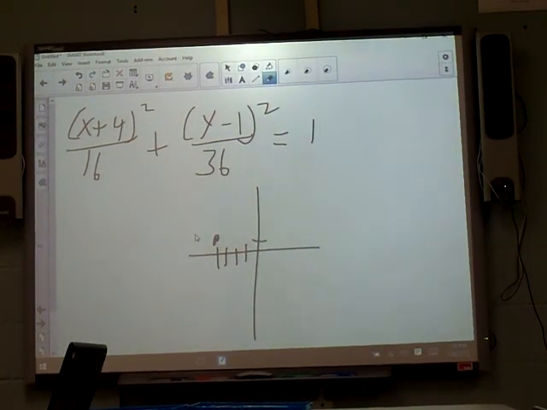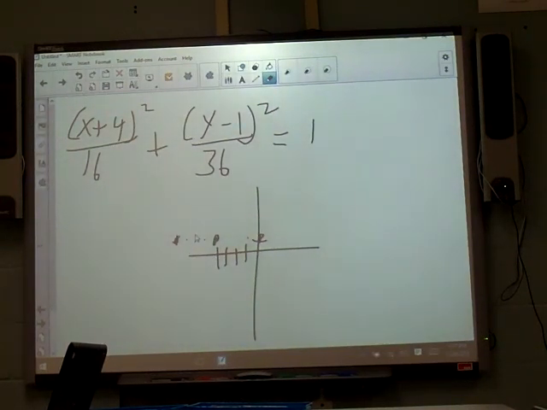Okay, so now when we square root the denominators, that 16 would be a 4 and a -4. You just don't start from the origin. You start from that middle. So from that middle point, I'm going to go horizontally 4: 1, 2, 3, 4, both ways. Then my y, the 36, the square root of that, 6.